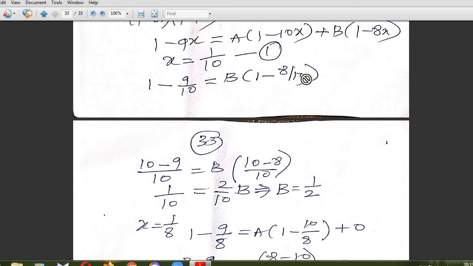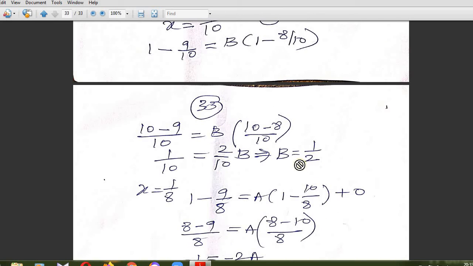Here b cross multiply 10 minus 9 divided by 10 equals 1 by 10, equals here 2 by 10 b. Therefore b equals 1 by 2. B value is 1 by 2.